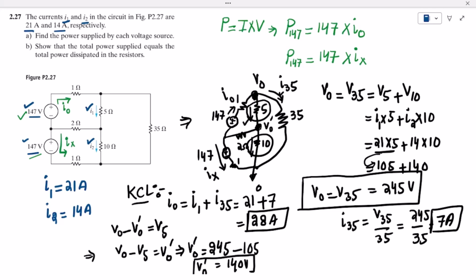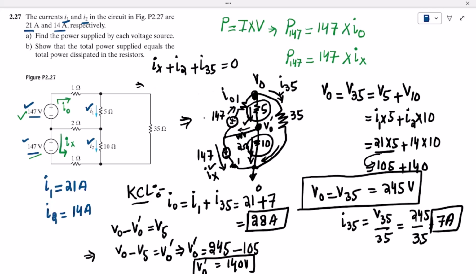This voltage is now known. Now in order to find this Ix, we can see that this current is coming towards this junction, this current is also coming towards it, and this Ix is also coming towards it. So let me add them all together. According to KCL, it will be Ix plus this current, which is I2, plus this current, that is I35, and this must be equal to 0.